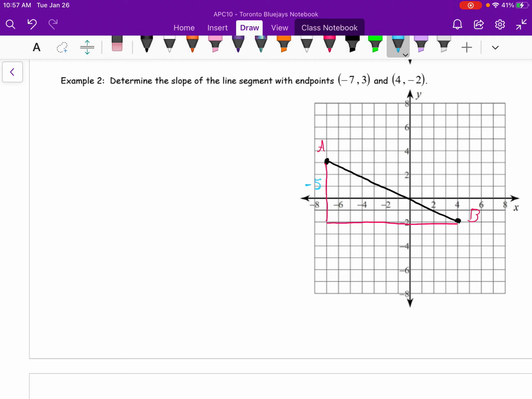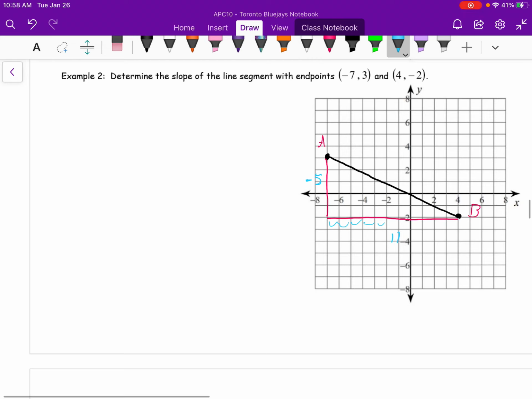So there was a change of actually -5. That is, Y went down 5 units. Now the horizontal change, the X went from -7 to 4. You can count those out. However, -7 to 4, that changes by 11 units.